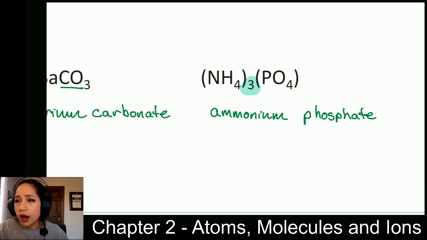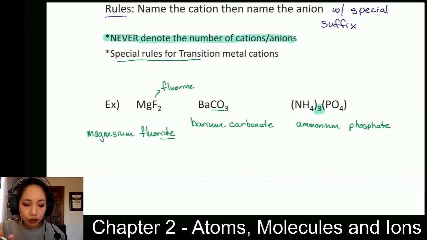I didn't denote how many ammoniums there are because ammonium always has a set charge that you should know. So this name is just ammonium phosphate with no indication of how many of those cations or anions there are, because you can figure that out from the name and the predicted charges to get back to the chemical formula. So those are just some examples.